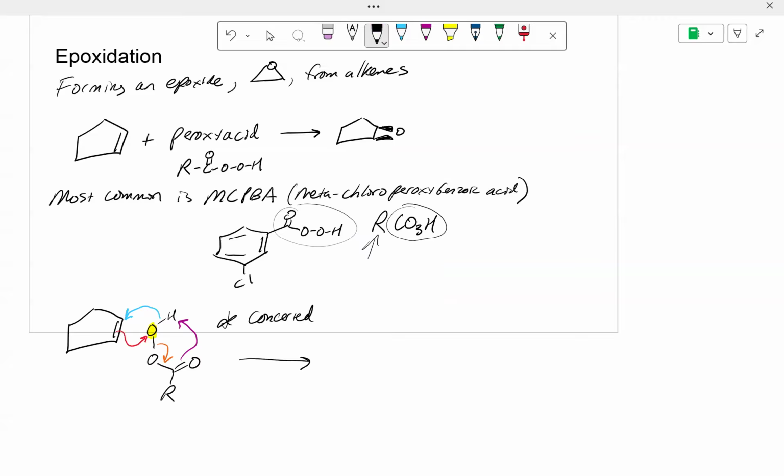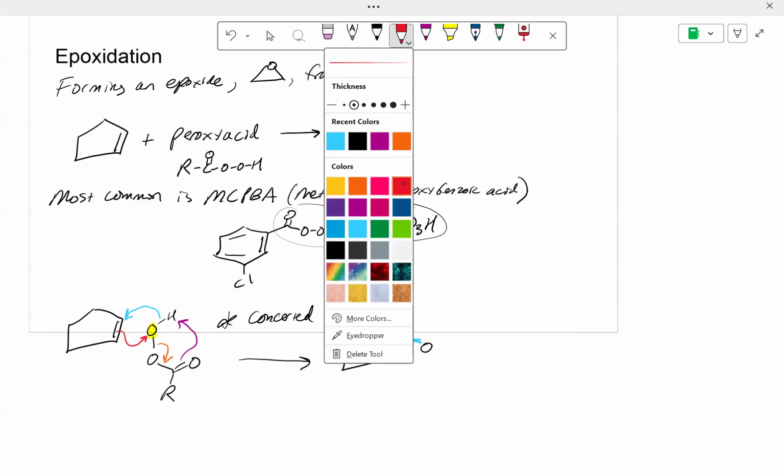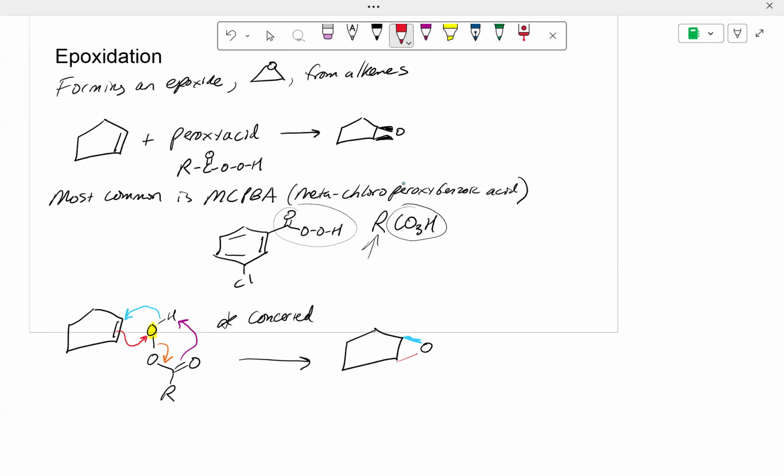So what does the result of that look like? I'll use blue here to represent the result of that blue arrow forming a bond. And then we have an oxygen, the red arrow will make that bond.